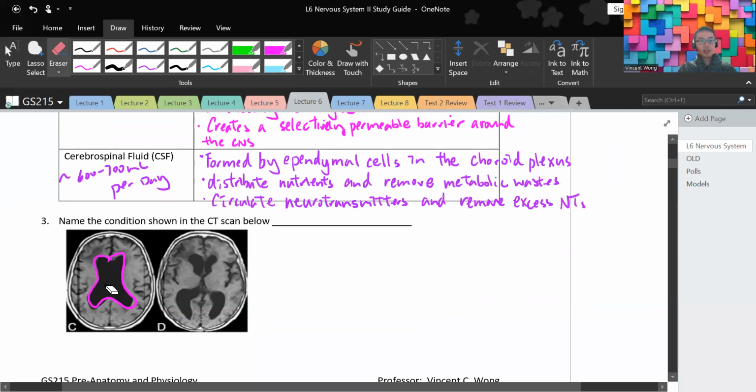And so these two gaps that you see here, that's actually the lateral ventricle. You have two of them, right? Lateral ventricle. And looking at this picture, this is just like a higher portion of it. What is wrong with it? Can anyone tell me? What's wrong with the picture?